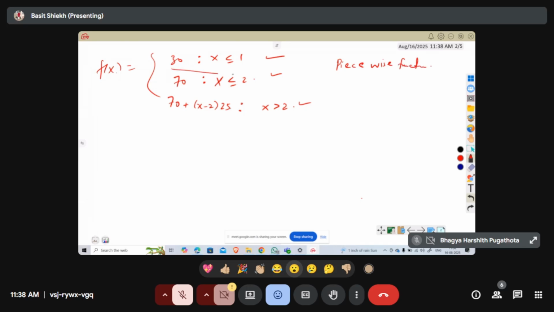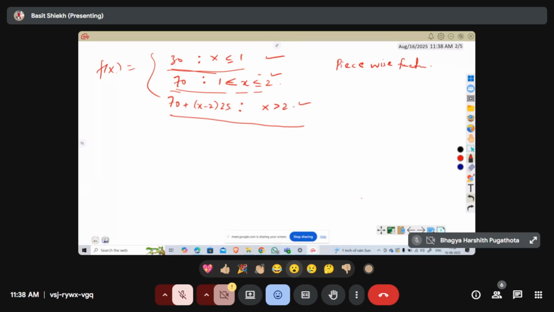It's defined separately for separate domains. For the domain x less than or equal to 1, it's defined as this 30. And for the domain x, oops, here I have to make one more condition: x is greater than 1 and less than or equal to 2.